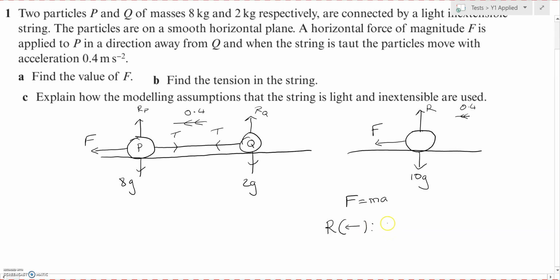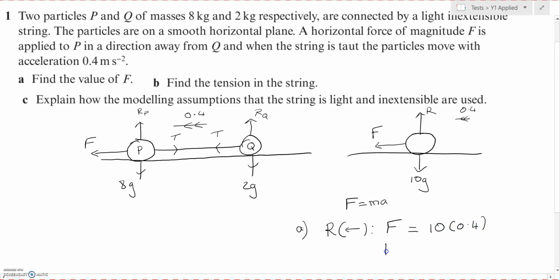The only force going to the left is F, and there's no force going to the right, so it's just F as my net force. That's equal to mass, which is 10, times acceleration 0.4. So we can calculate F as equal to 10 times 0.4, which is 4 newtons. So that's our answer to part A.